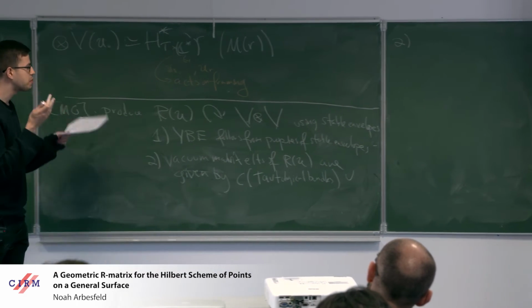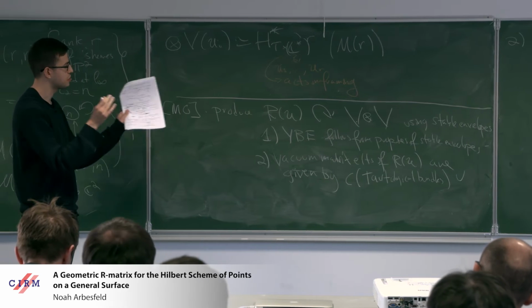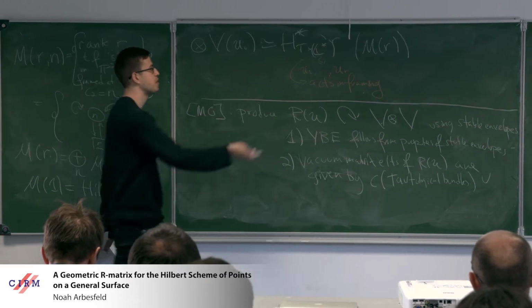So stable envelopes give me some condition as to how this R matrix should act on components of a fixed locus with respect to this framing torus.